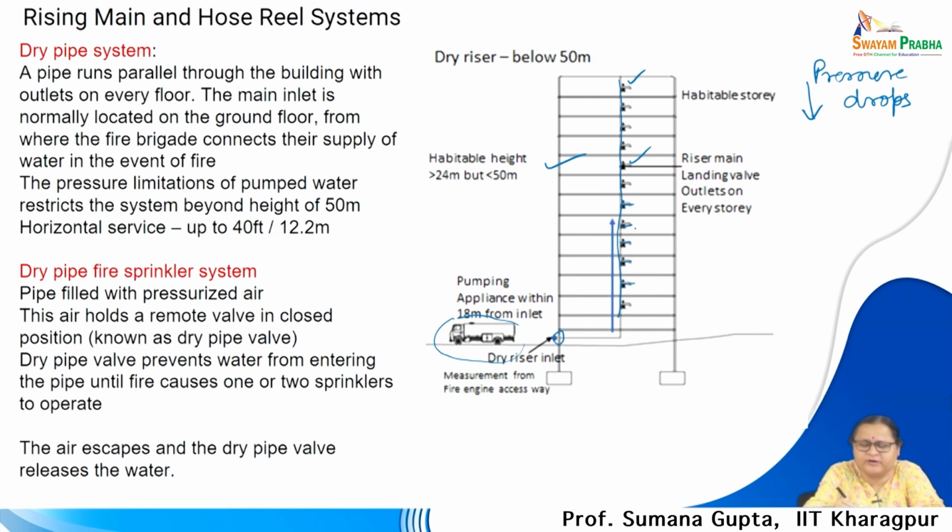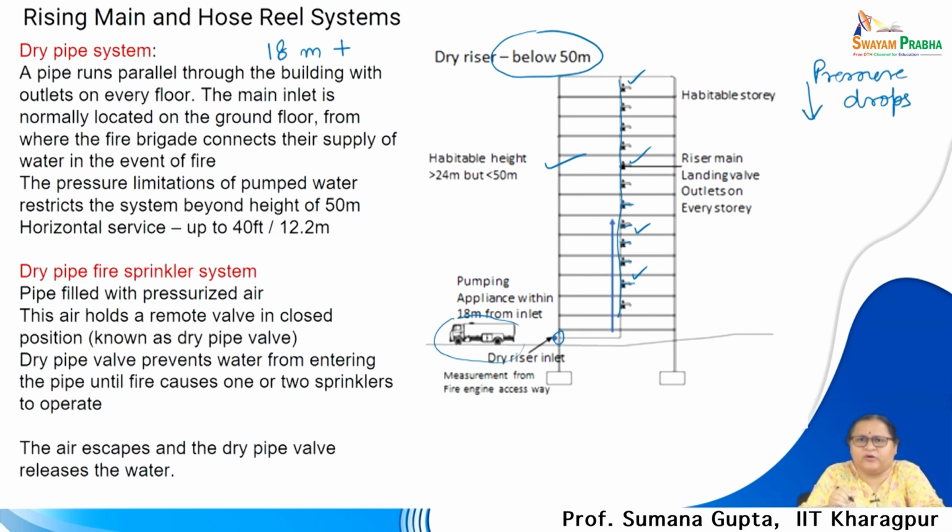It may be good for this level, this level. So, there is a mandated height. This kind of riser can be used for buildings below 50 meters. These are mandatory for buildings of 18 meters plus. So, buildings which are 18 meters plus must mandatorily have either a dry pipe system or a wet pipe system.